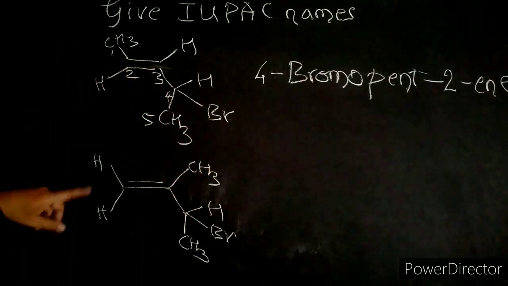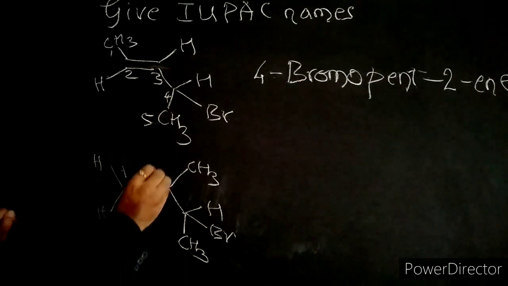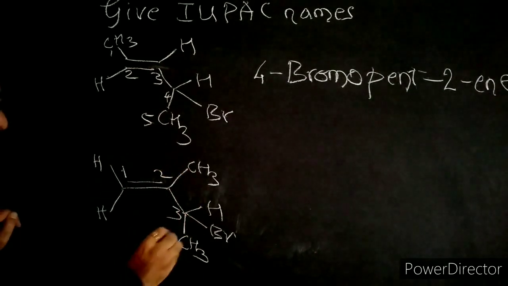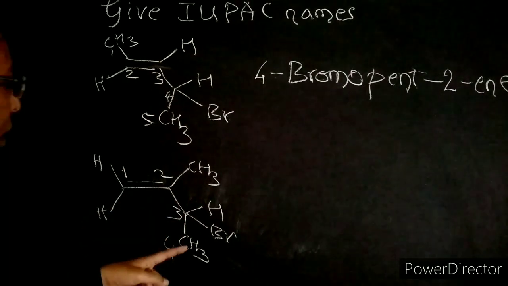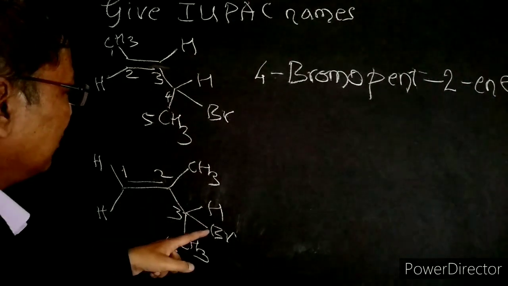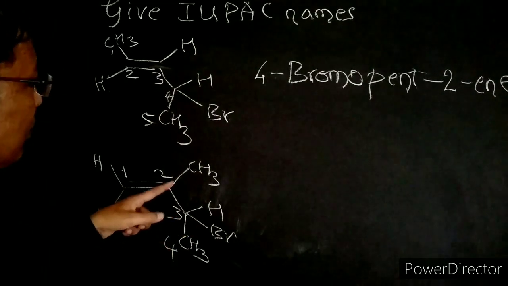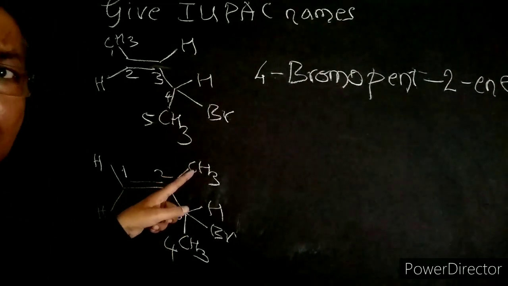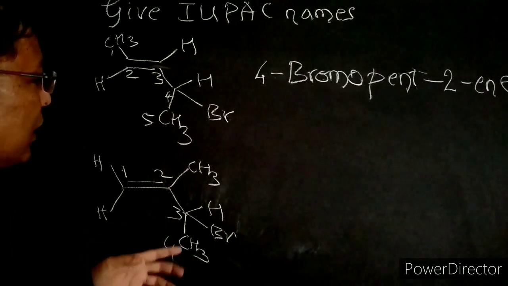Now, in this, the carbon starts from here 1, 2, 3, 4, and there are 4 carbon atoms in the longest chain, and bromine is a substituent. It is present on the third carbon atom, and here 1 methyl group is also there on the second carbon atom. According to alphabetical order, bromine comes first.